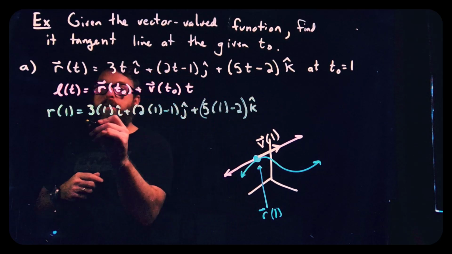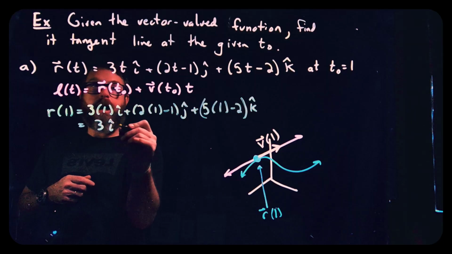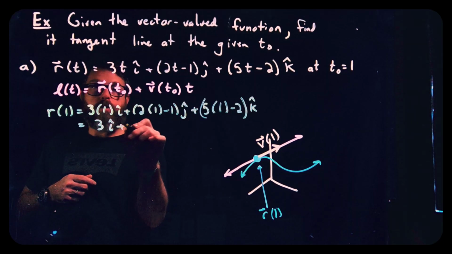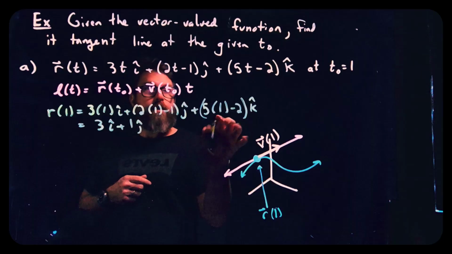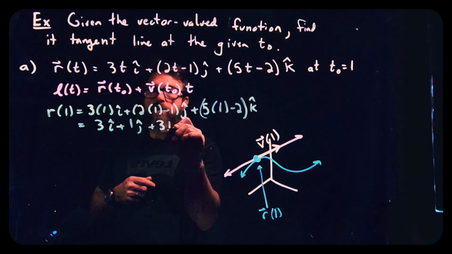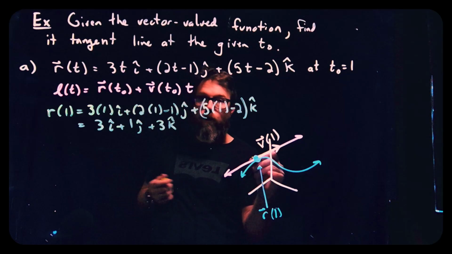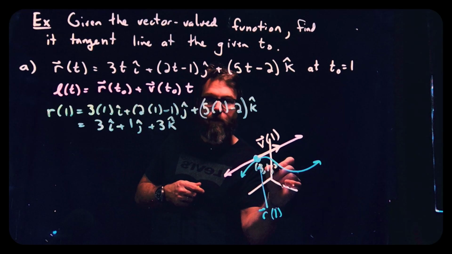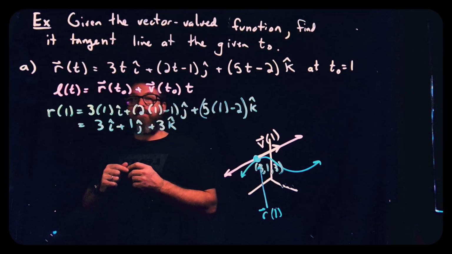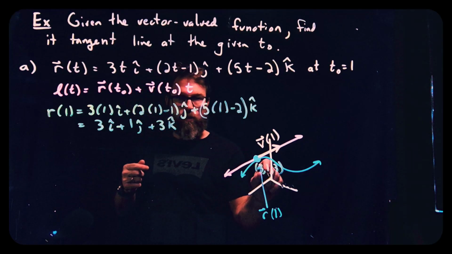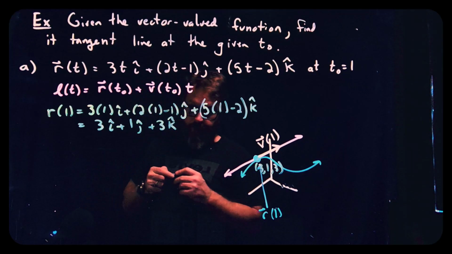So we're going to get the point 3i, 2 minus 1 is going to be plus 1j, and then plus 3k. So this point right here is going to be the point 3, 1, 3. I know it's a vector, but it's the vector that goes from the origin to that point. It's how we define vector valued functions.